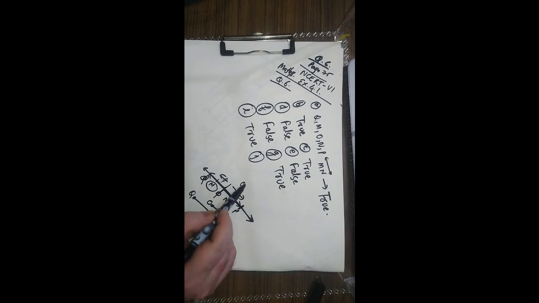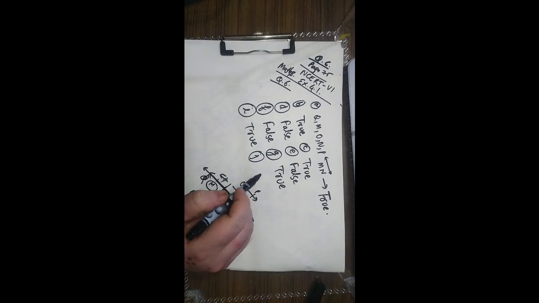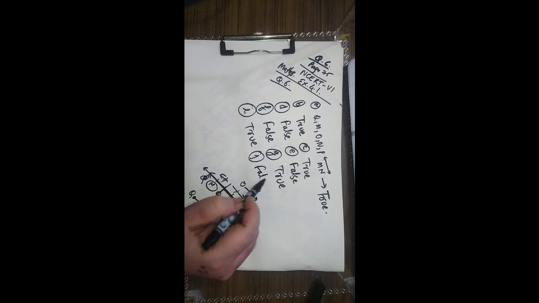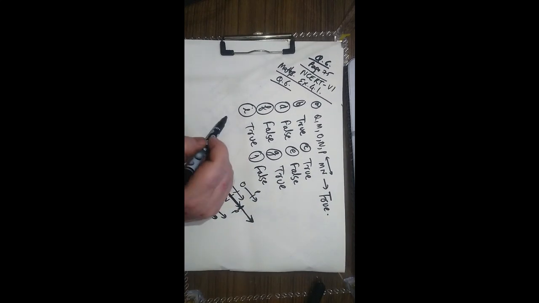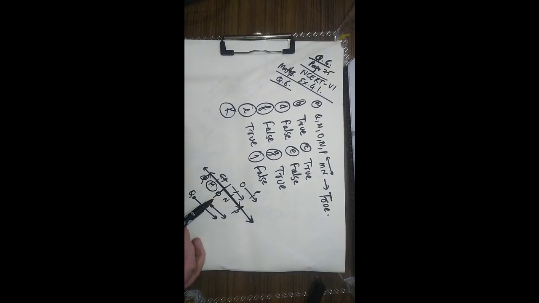Yes, for OP, the initial point is O, and they are saying not, so it is false. And K, N is the initial point of the rays NP and NM. N is the initial point. Yes, this is true.